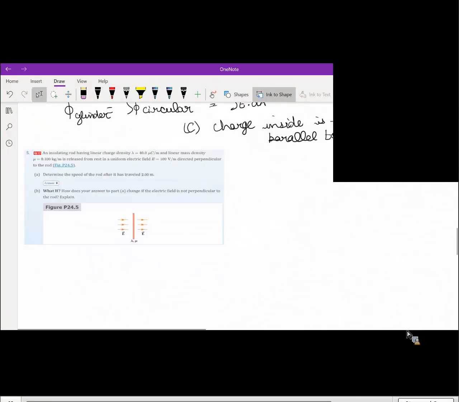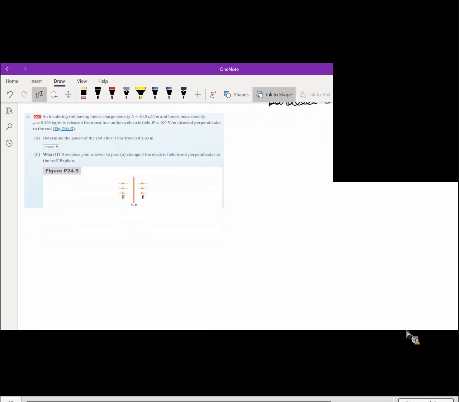Okay, let's move on to our fifth question. An insulating rod having linear charge density, let's write it given, as we always do. Given linear charge density, that is charge per unit length, lambda is 40.0 microcoulomb per meter.